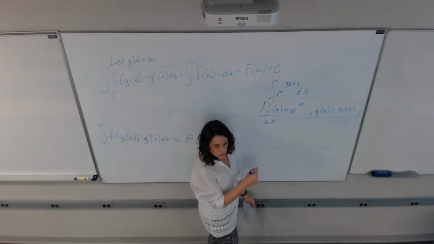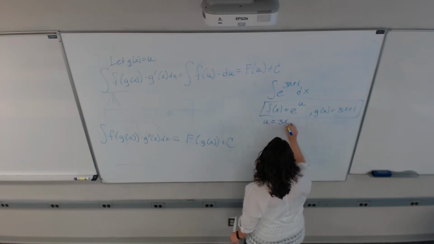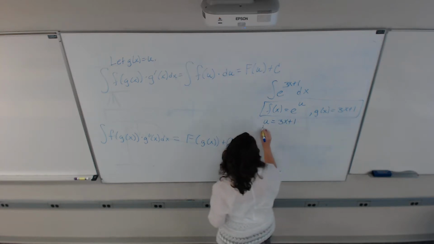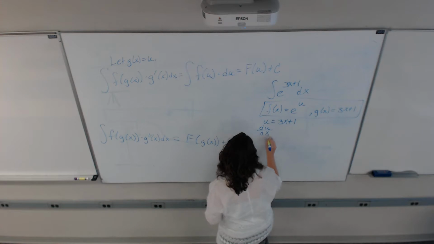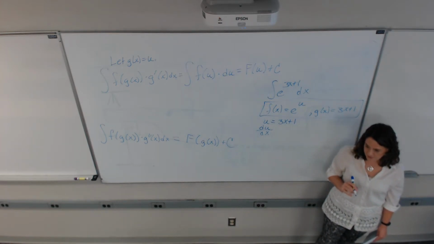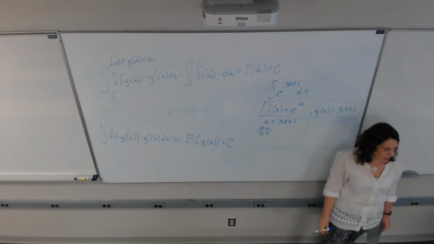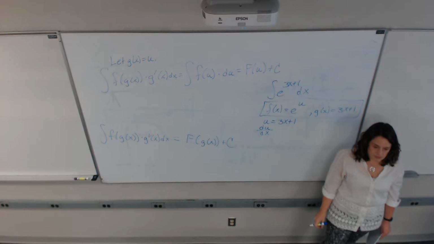What is u? U is the g of x function, which is 3x plus 1. I want you to take the derivative of that with respect to x. We're going to abuse notation again, all right? What is the derivative of this with respect to x? Yes, it's really easy. It's just 3.